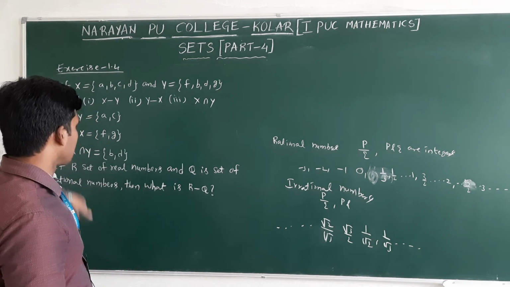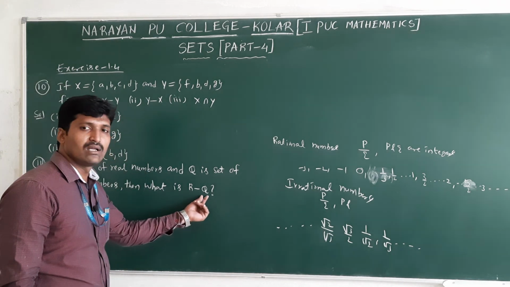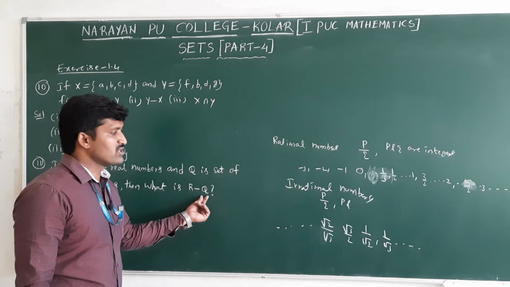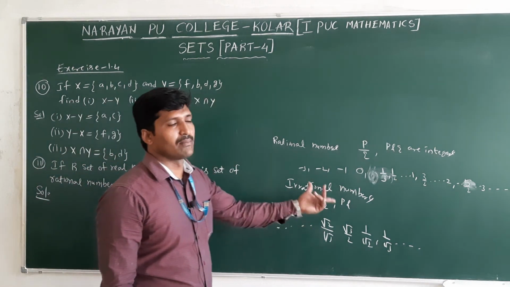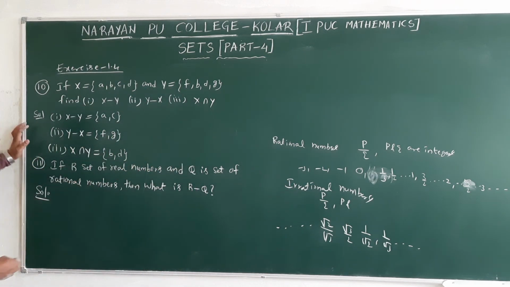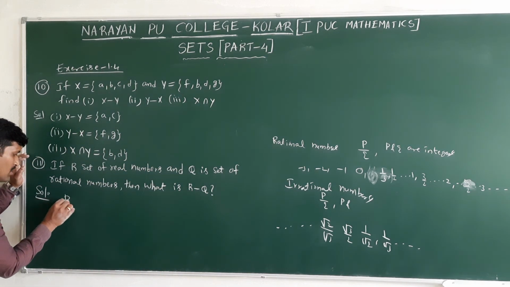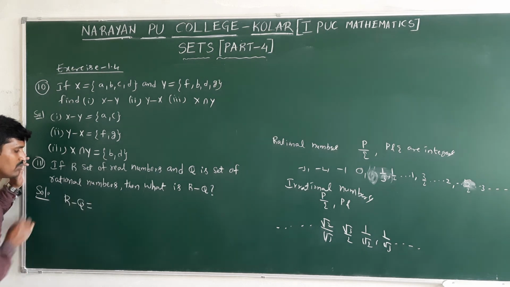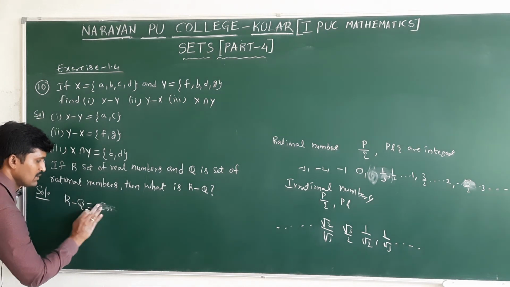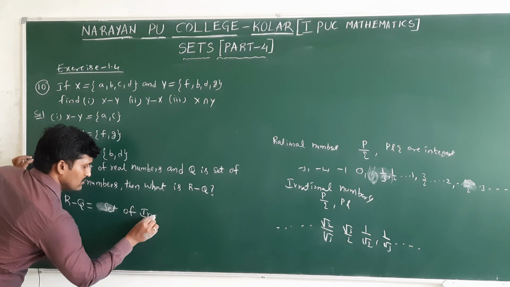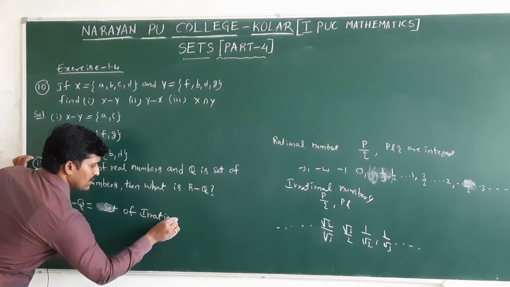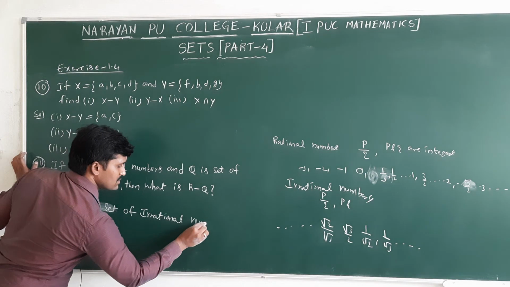But from real numbers, we subtract rational numbers. When you subtract rational numbers, what do you get? Irrational numbers. That's why R minus Q gives the set of irrational numbers.